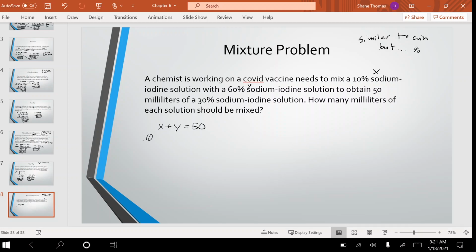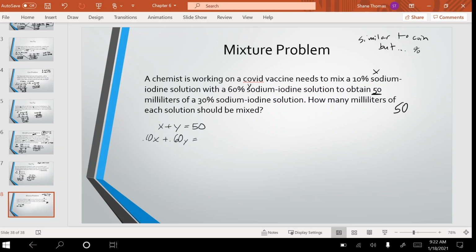All right, so now I have a 10% and a 60%. So 10% times X plus 60% times Y. Here comes the tricky part. We want our last one to be 30%, right? But we need 30% of the 50. So I have to come off here to the side, and 50 is what I want total.